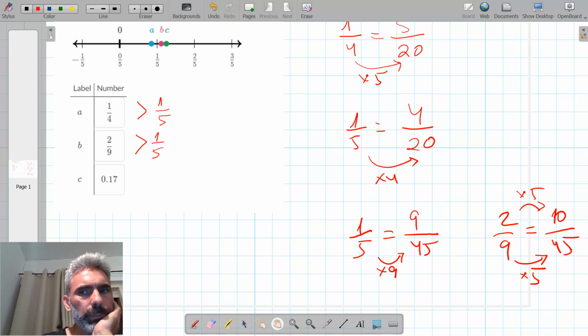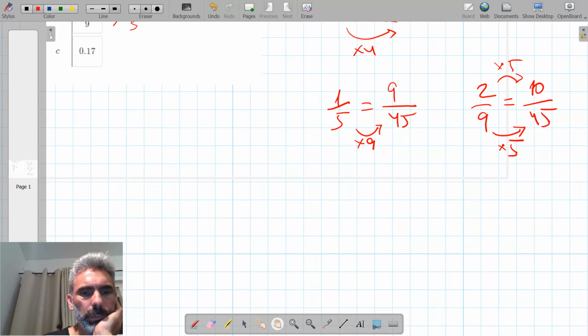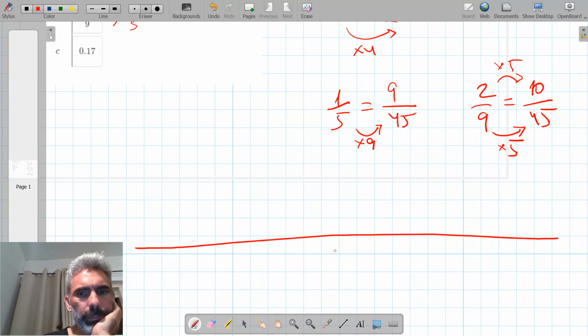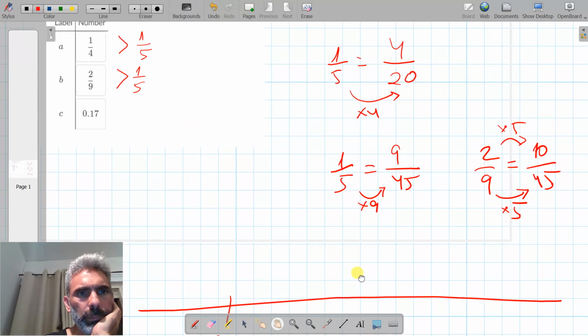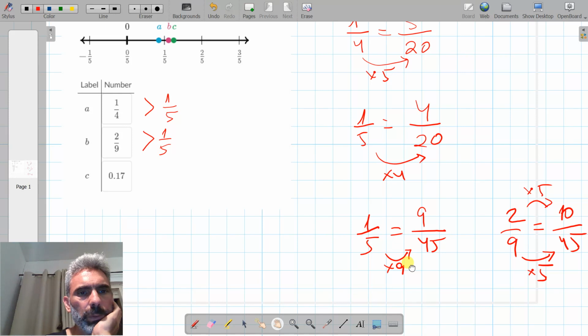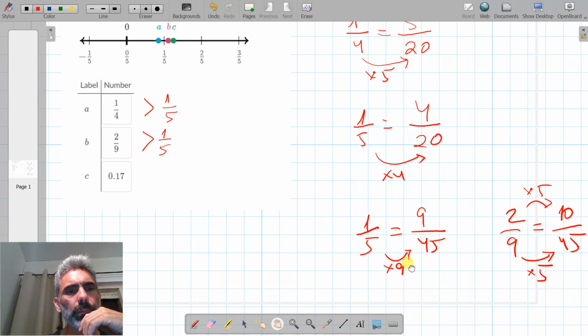So I need to draw a number line. So this is 0, and I need to convert them all to a fraction in the same denominator. So the only problem I have is with 2/9. Okay.